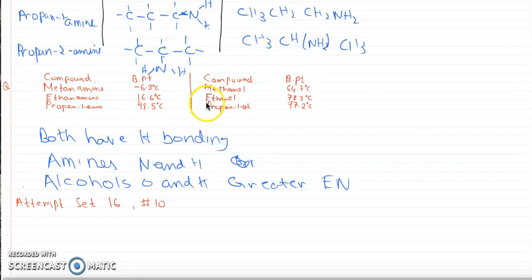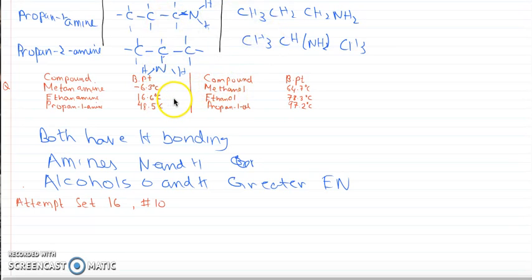As a result, the hydrogen bond is stronger, so the intermolecular forces between two alcohol molecules are stronger, and the boiling point is higher. Amines have hydrogen bonding, but it's not as strong as OH. That is the reason for this trend in boiling points.